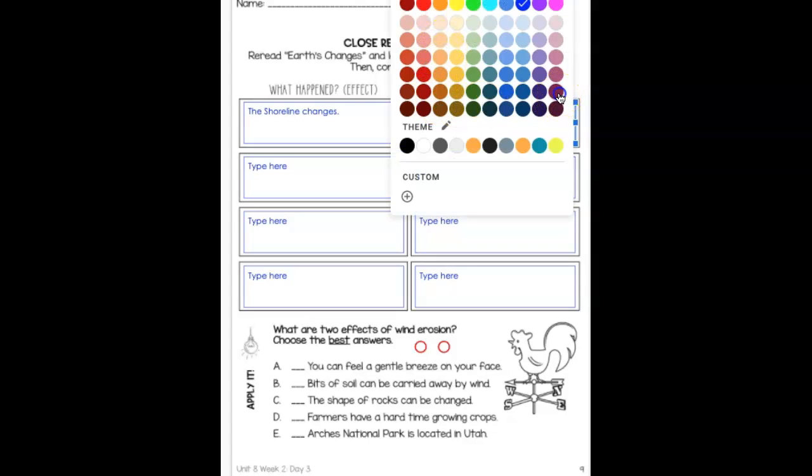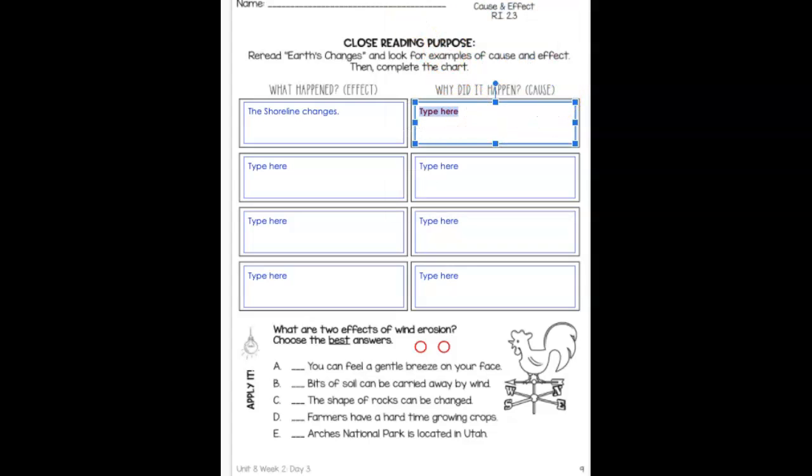Let's change the color. The shoreline changed, two reasons. The ocean water slowly wears away the shoreline, and, spell shoreline correctly, and ocean waves crashing against rocks cause erosion.